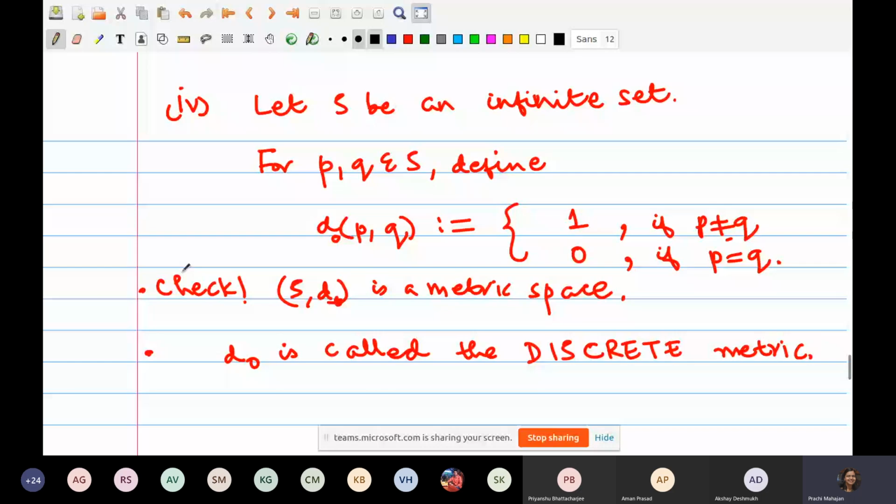So you need to either write in chat, or the best is, if this is working fine, why don't you speak up if there's a problem? Do you want me to take up the proof of why D0 defines a metric on the set S?